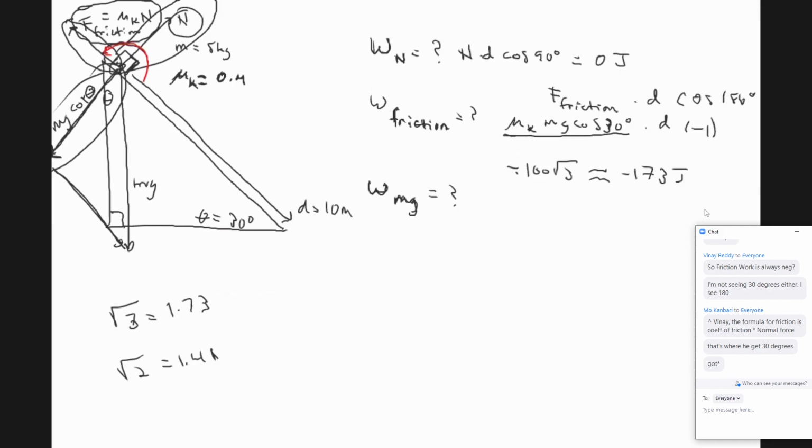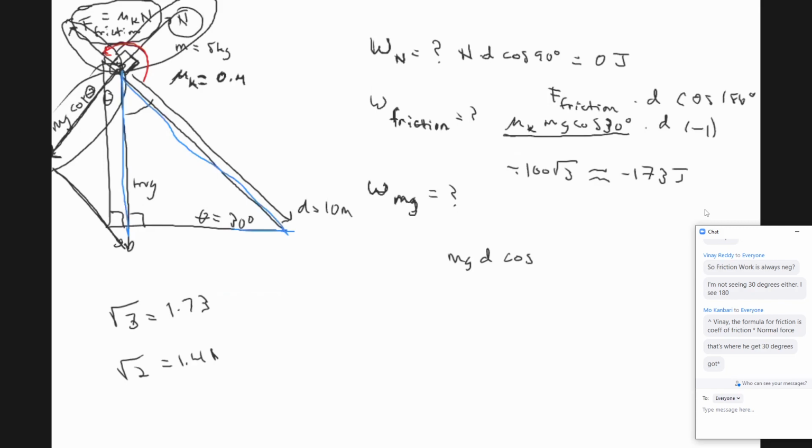And then the work done by the weight vector, you have weight times the displacement vector, and then I just need this angle. So mg times d times the cosine of the angle in between. So what's this angle? This is 90, this is 30. That has to be... look at this triangle. 60.